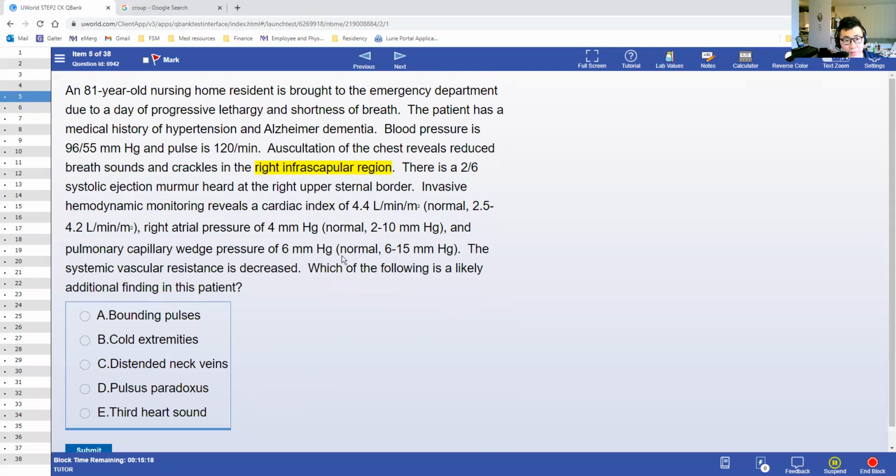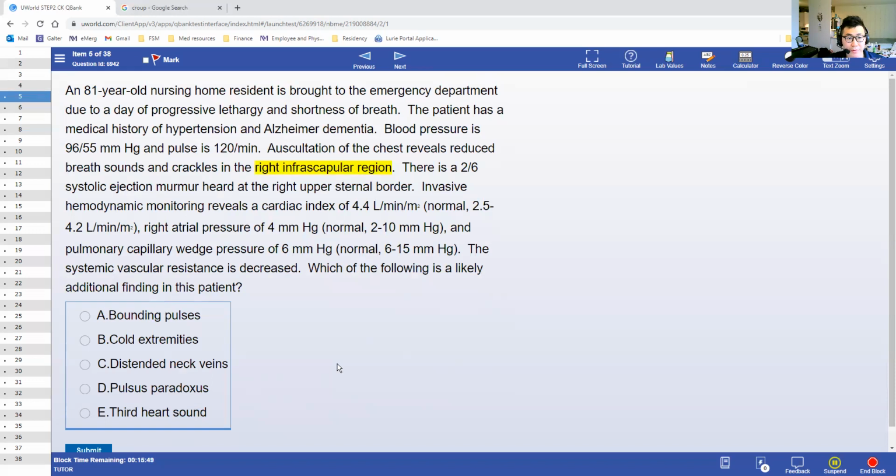Pulmonary capillary wedge pressure is also fine. Systemic vascular resistance is decreased. Which of these is the following additional finding in this patient? So this patient sounds very septic to me, and given these findings, the heart itself is okay. It's just that there is so much third spacing going on in here. So which of these are associated with third spacing?